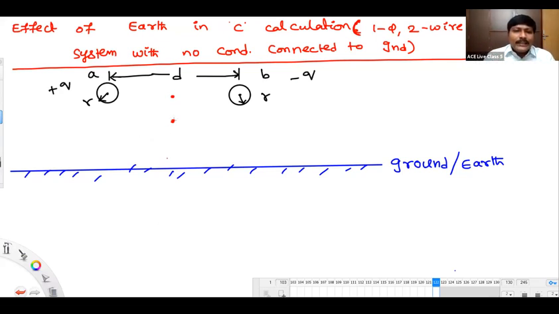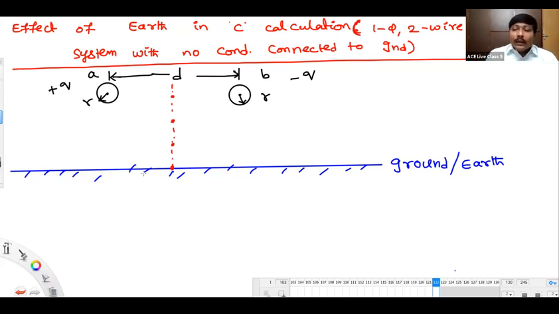Obviously, this point is at equal distances from plus Q and minus Q, so voltage is 0. And what is the voltage here? Also 0. What is the voltage here? Also 0. Not only that, along this line, anywhere you take, potential will be 0.